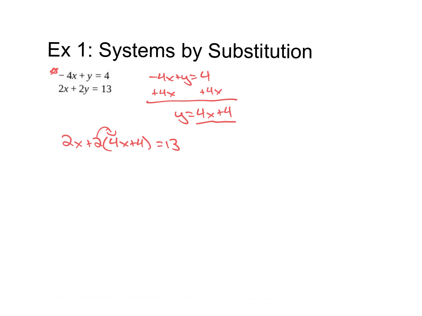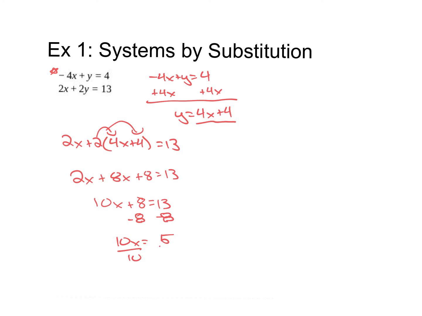So distribute. This is going to allow us to add like terms. And now we can start solving. Oh, that's minus 8 on both sides. So 10x equals 5. Divide by 10. And x is going to equal 1/2.